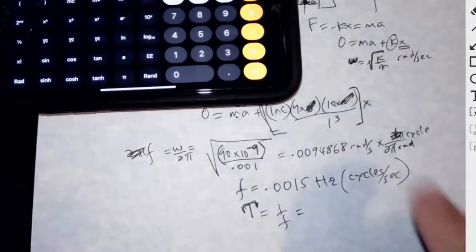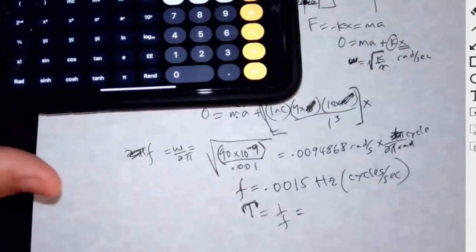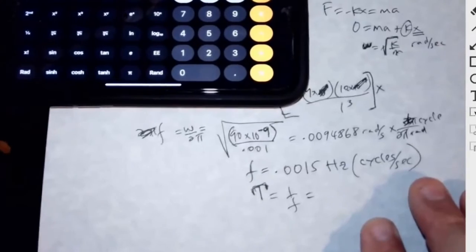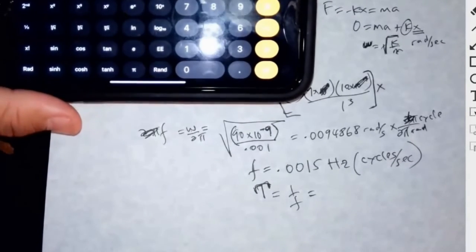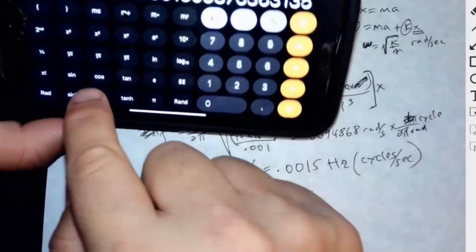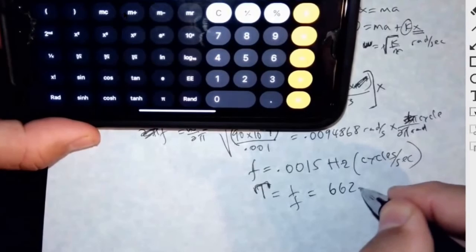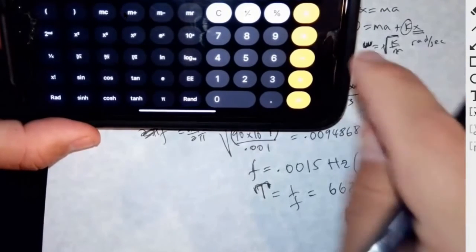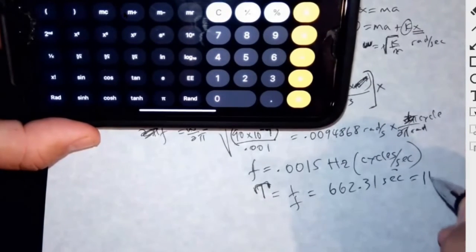You have to understand the relationships of that. Whenever you're discussing oscillatory motion, AC circuits, you need to know that. So then if you invert this, you get 662.31 seconds is the period. Wow, that's a long time. So that's 11 minutes.